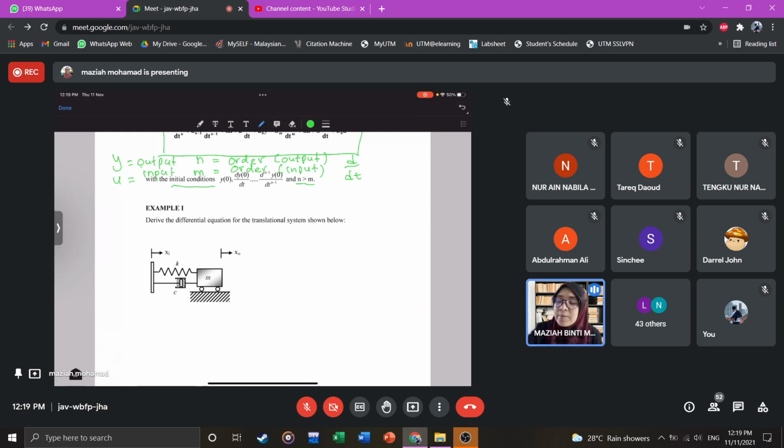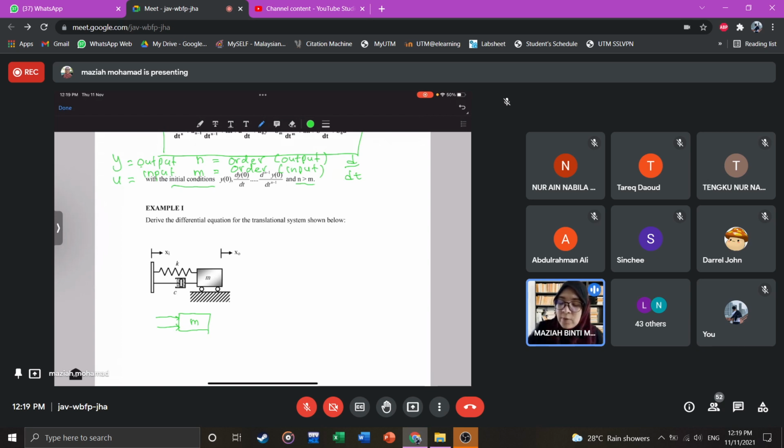So the steps are still the same. We do the free body diagram. We have M, then we have force, we have damper. Consider xi bigger than 0, so the spring is in compression, so the reaction will be force on M to that.